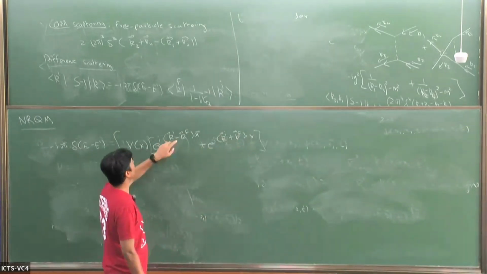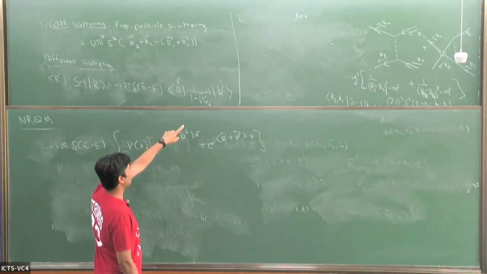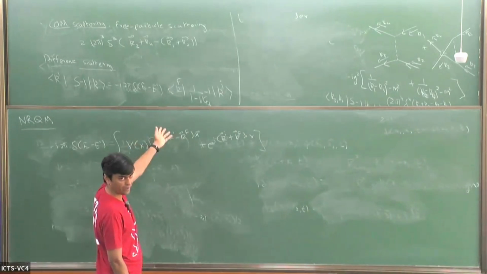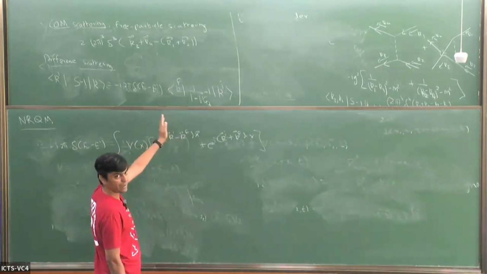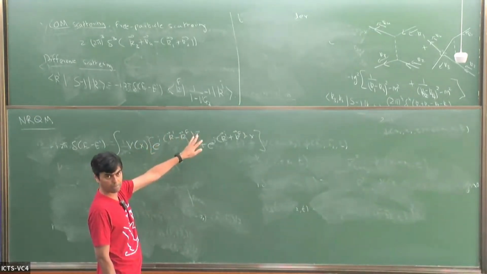Because in fact, for the momentum eigenstates in this formula, you should put cos(k·x). So you'll get cos(ki·x) times cos(kf·x). When you do that, you will find one term which looks like ki − kf and another term which looks like ki + kf.